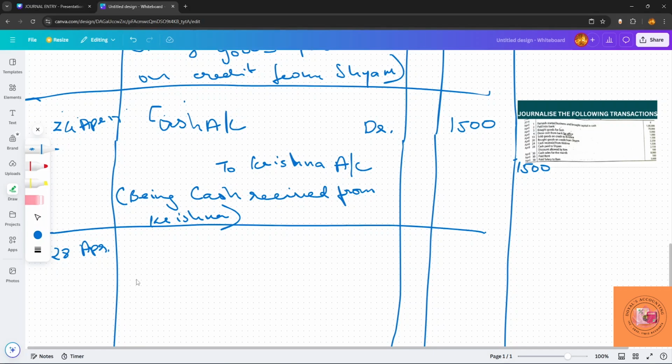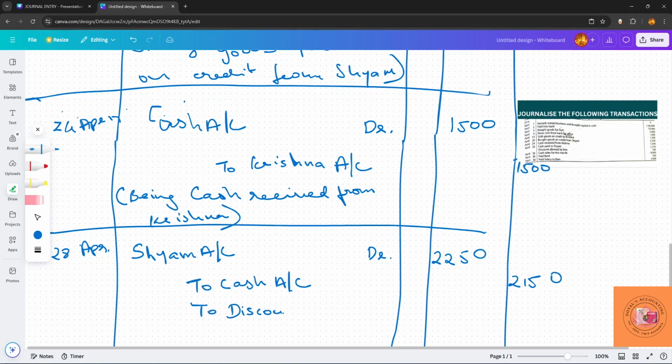And which account will we debit? We will debit Shyam's account, because we are paying to Shyam. He is receiving money. So Shyam account debit. I'm writing 2250. See here why. Cash, because we are paying out cash 2150 and 100 rupees we have received a discount.